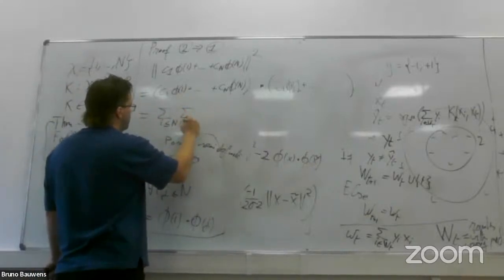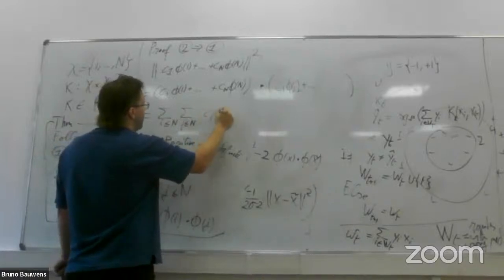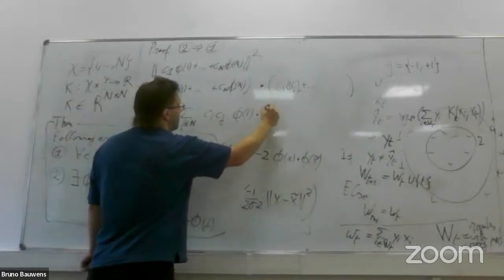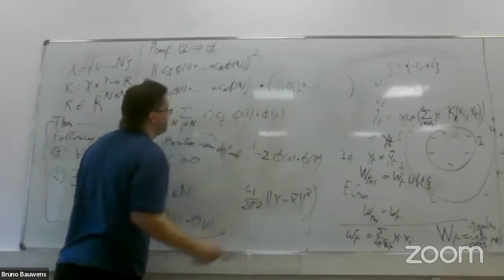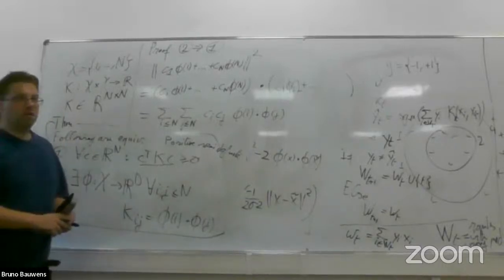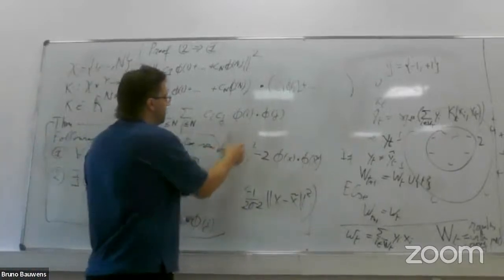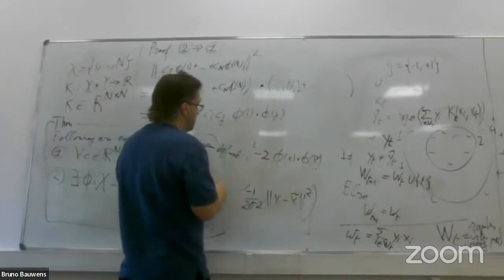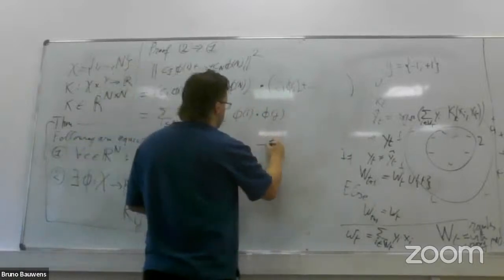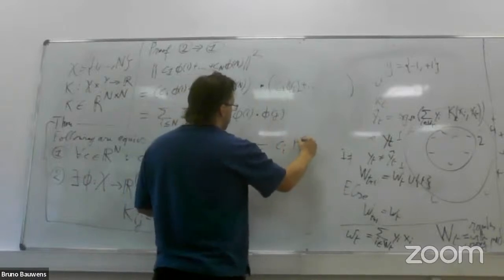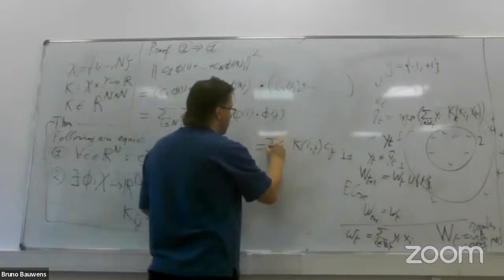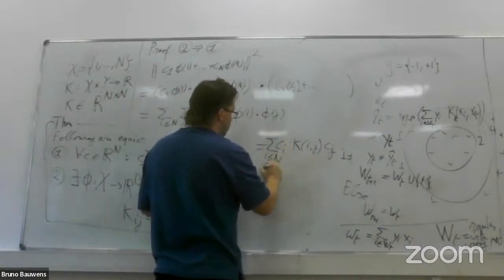Yes, very good. So we have the sum of ci cj phi(i) dot phi(j). I should have used sums from the start. Now we just replace this by ci K_ij cj, with the sum over i smaller than n, j smaller than n.